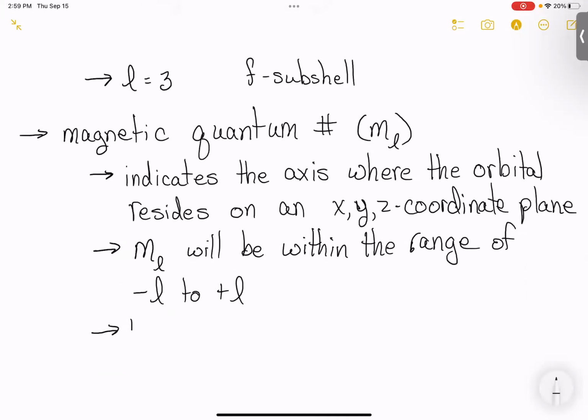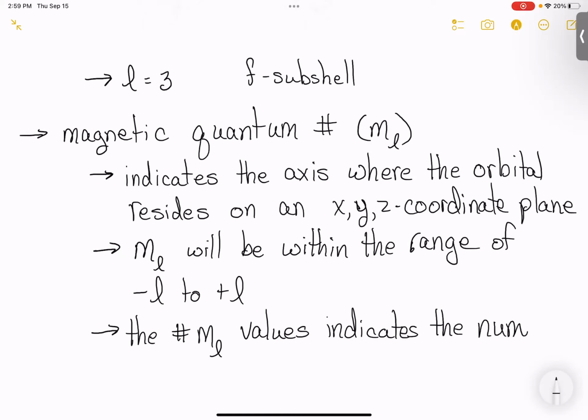And the number of m sub l values indicates the number of orbitals in a particular subshell.